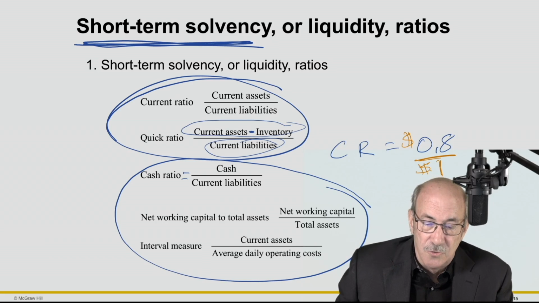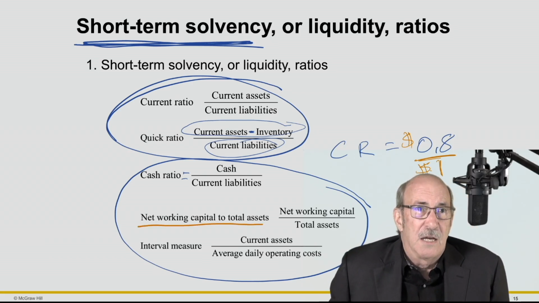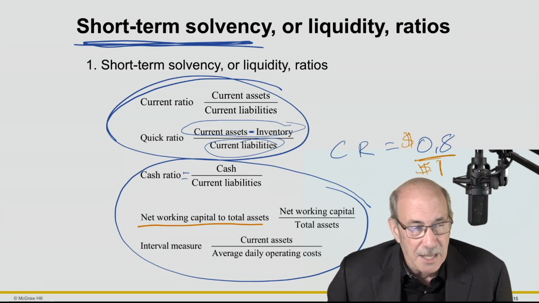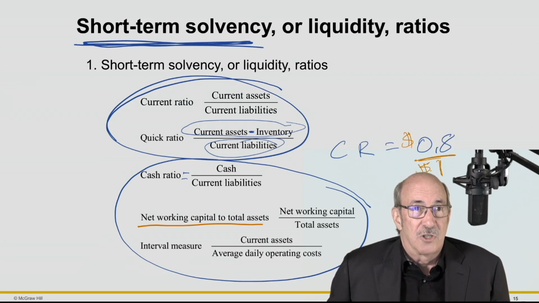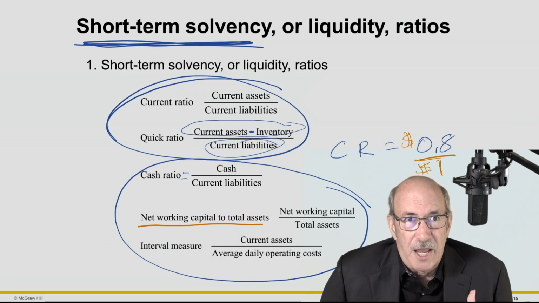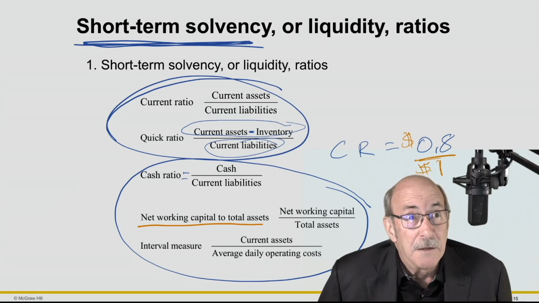Then these last two, net working capital to total assets, again, is a measure of how capital intensive our firm is. And again, this one varies considerably from industry to industry. Some firms don't have much in the way of long-term or fixed assets, so this ratio would be very high.